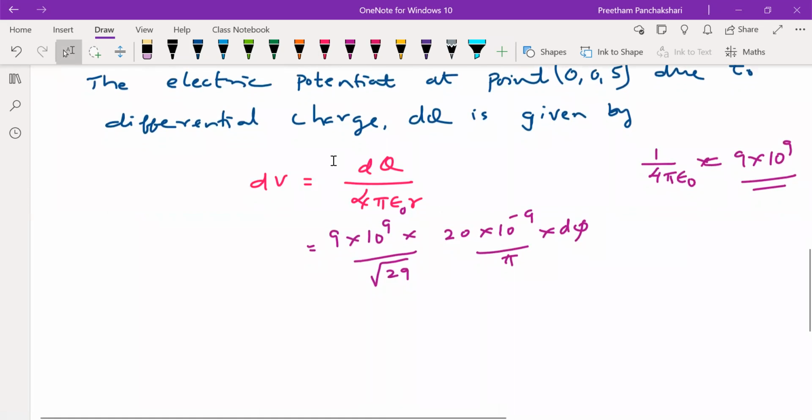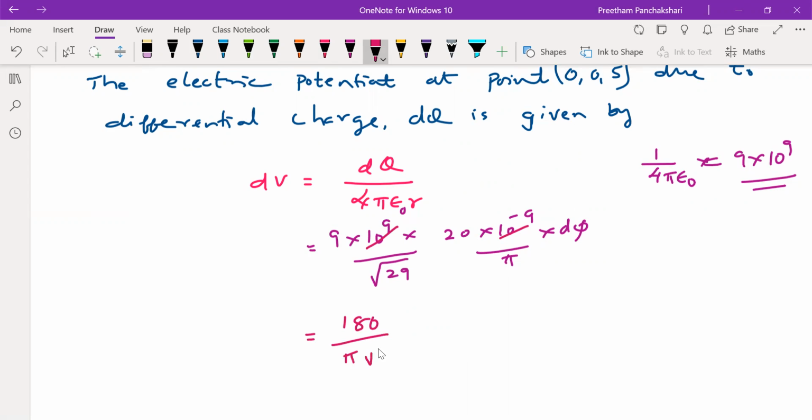So let us simplify here. Few terms are cancelled, right? So we get 180 divided by pi root 29 into d phi.